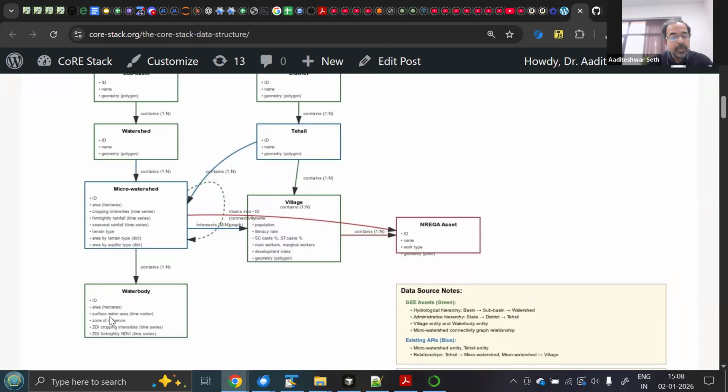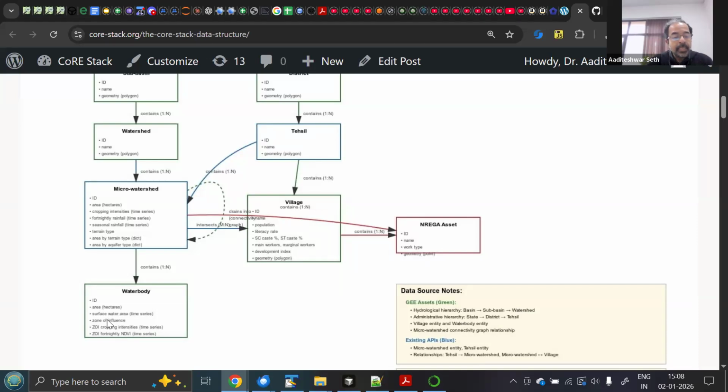It has time series properties: in each year, how much of that water body area was under water. In fact, it's a seasonal time series, so we find out how much area was underwater during the monsoon. Then some of it would have dried up, so a lesser amount of area was underwater during the post monsoon, and lesser still during the summers.